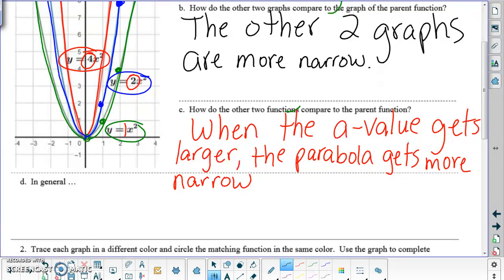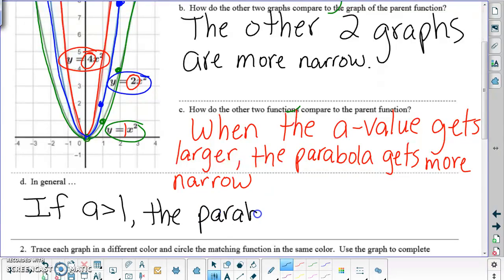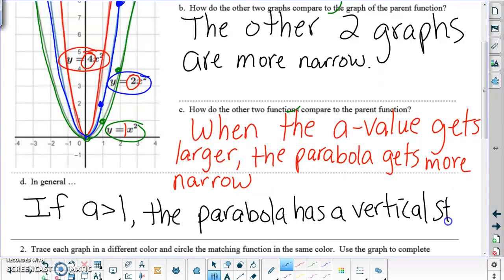Okay, so in general, if a is greater than 1, we call that a vertical stretch. The parabola has a vertical stretch. Remember, stretch means narrow.